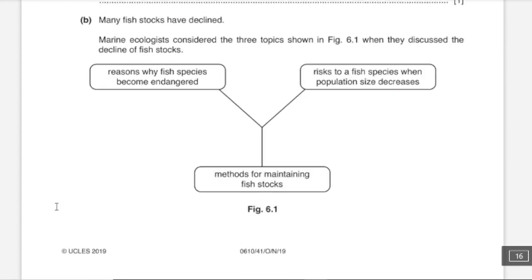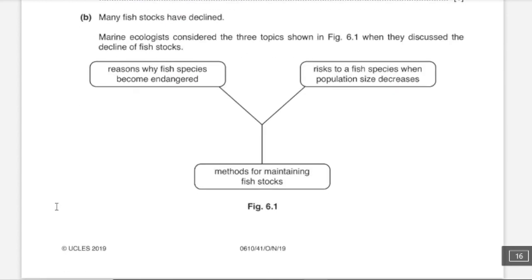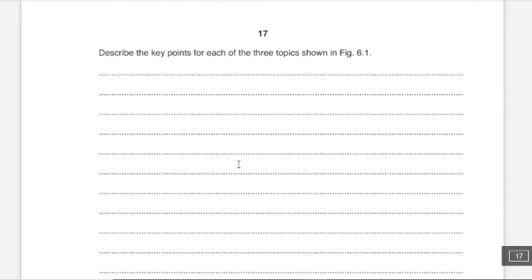Part B. Many fish stocks have declined. Alright, marine ecologists considered 3 topics shown in figure 6.1 when they discussed the decline of fish stocks. Okay, so the reason why fish species became endangered, risks to a fish species when population decreases, and methods for maintaining stocks.